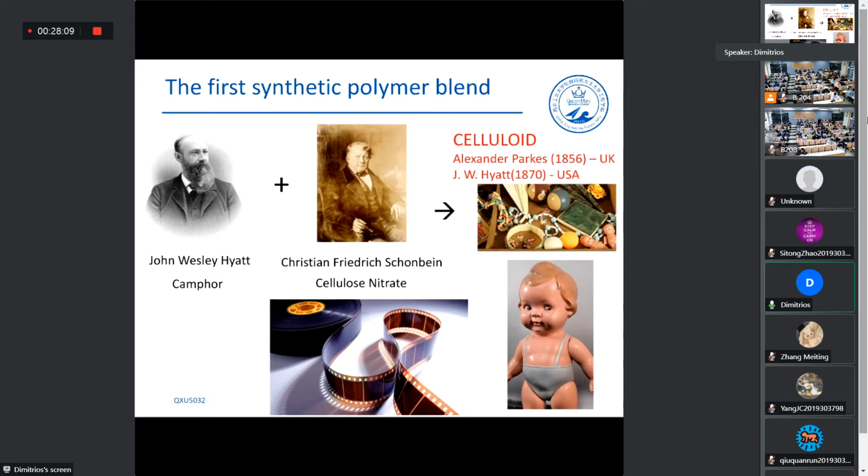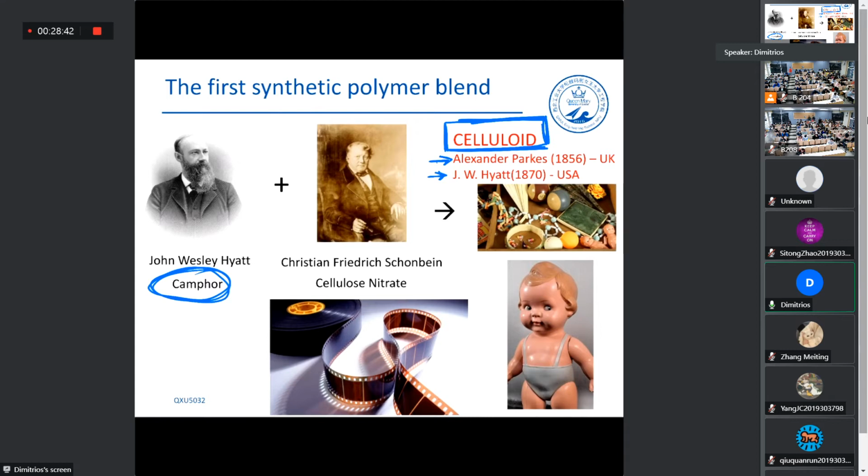The first synthetic polymer blend was essentially celluloid, which was created by Alexander Parks in UK in 1856 and Hyatt in 1870s in United States, where celluloid was fabricated by blending camphor. Camphor is a very interesting polymer because it can sublimate in normal atmosphere.